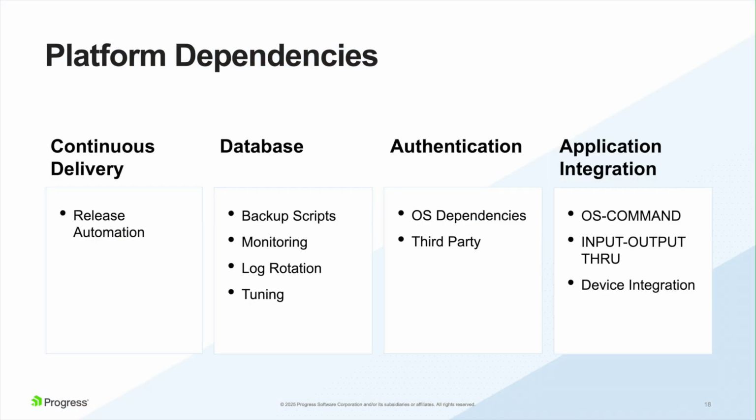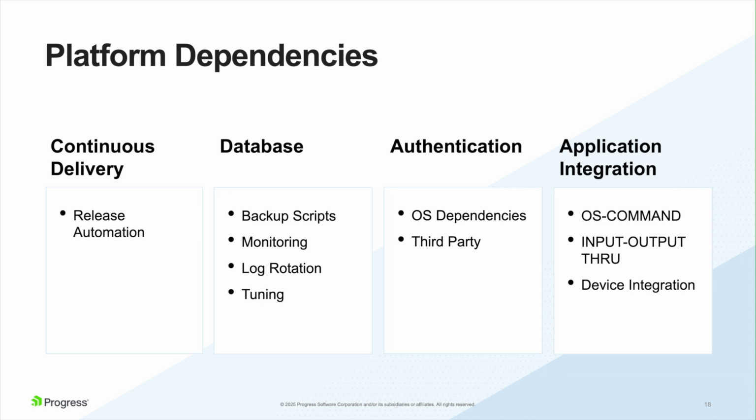So in terms of a platform dependency, if you are moving away from a particular platform, like going from AIX to Linux, which is a common pattern, some of the things that you might want to think about or look at are your continuous delivery, automation processes and scripts. There may be dependencies on the old server platform that have to be migrated or adjusted for the target server platform, database scripts and monitoring, authentication.